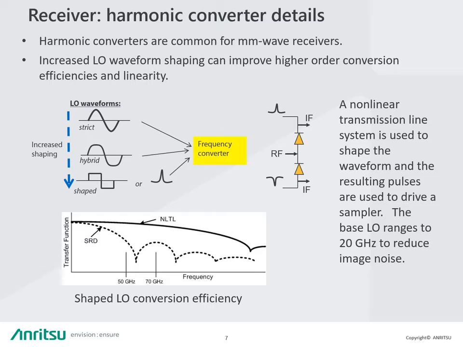So the nonlinear transmission line technology provides aggressive shaping of the LO waveform in order to provide very good conversion efficiencies even at the highest frequencies. And that is the reason why the VectorStar broadband system provides excellent dynamic range even at the highest frequencies.